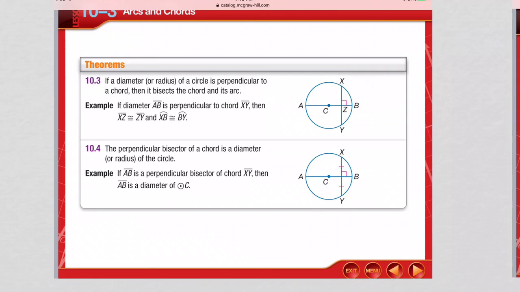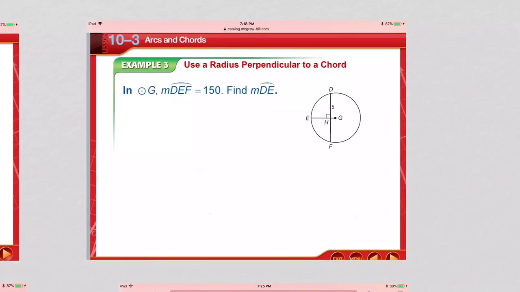So that means XB would be the same as BY, and it also cuts this chord in half. So XZ is the same as ZY. So this one says the arc's cut in half, and this one says the chord is cut in half. So we're going to go ahead and use that to find some measures.